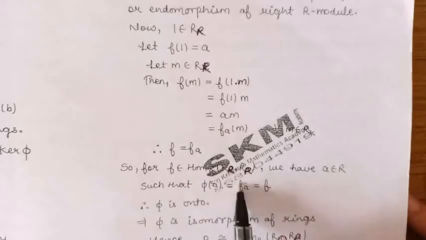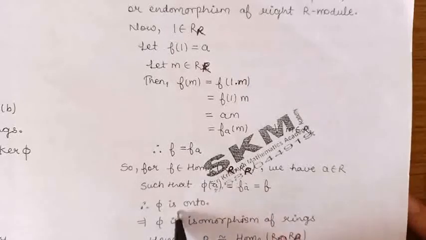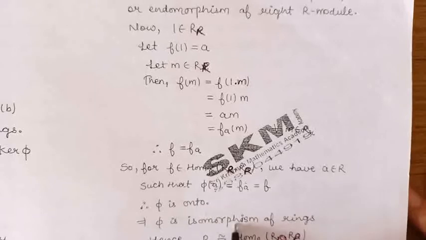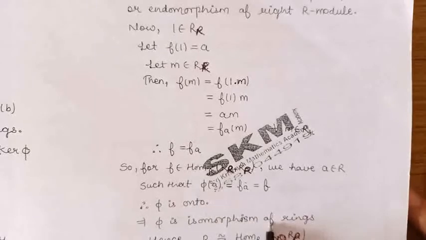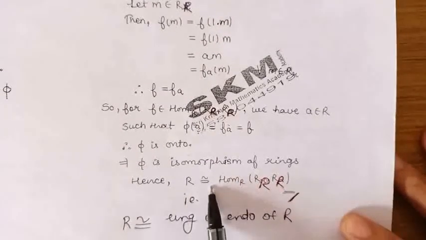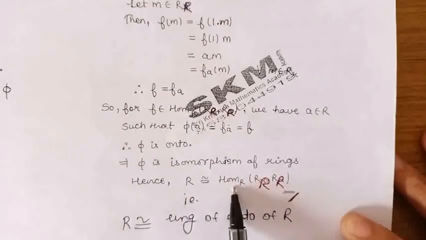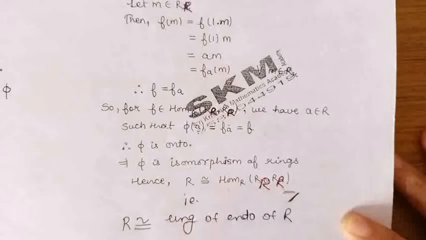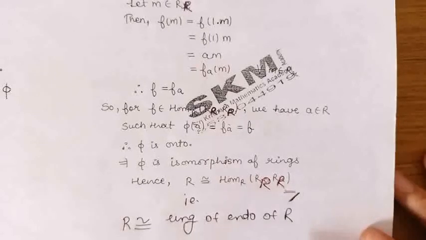So mapping phi is onto. So we have proved all the conditions for being an isomorphism of rings. So we can say that the ring R is isomorphic to the ring of endomorphisms of R, regarded as right R modules. So this completes the proof of this theorem.